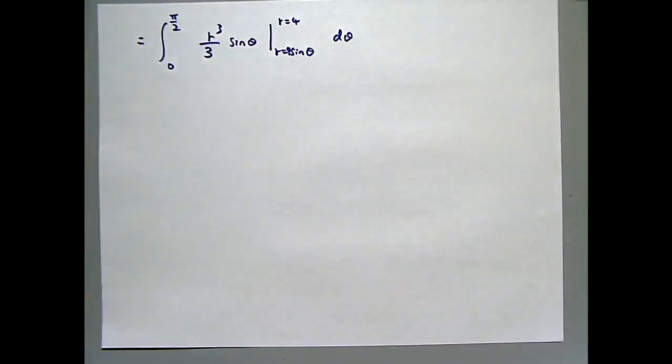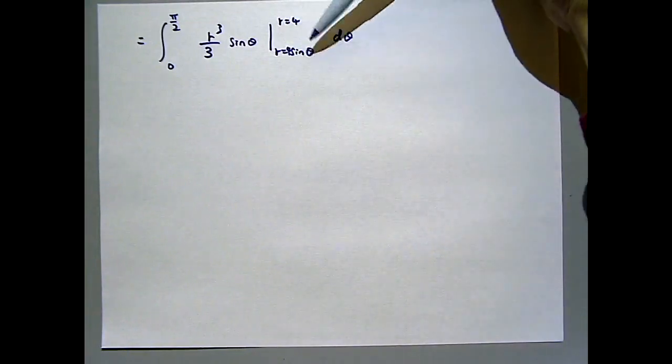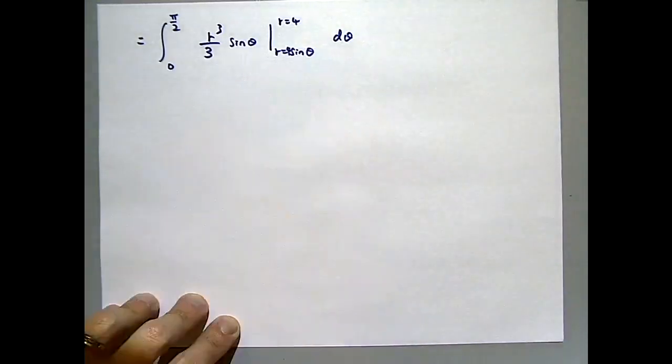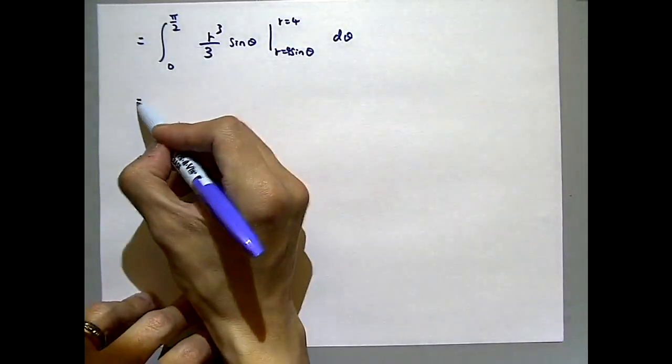Okay, so we integrated r, we get r cubed over 3, and r goes from 4 sine theta to 4. Sine theta is a constant as far as the first integration is concerned.